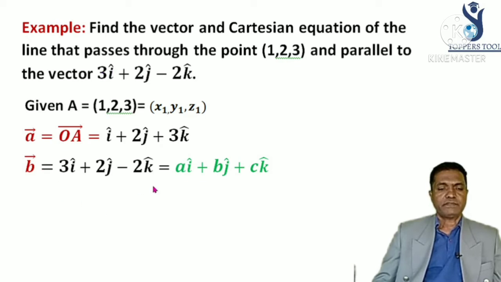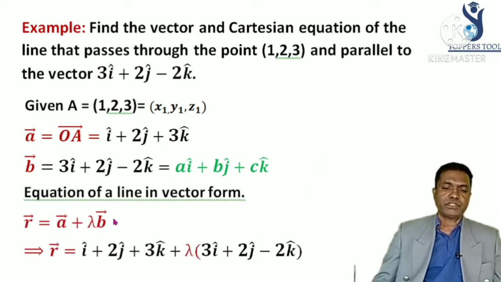Take it as vector b, which is generally written as a i cap, b j cap, c k cap. So the vector equation is given by what we studied earlier: vector r is equal to vector a plus lambda b. So substitute this vector a, and vector b is this. So this is the vector equation of the required line. Now we will have the Cartesian form.